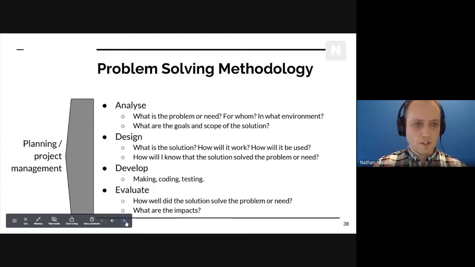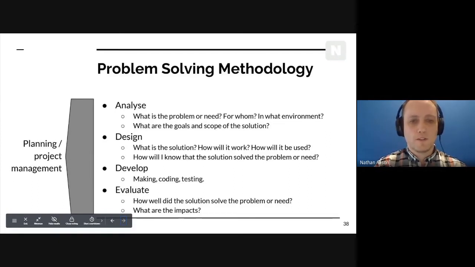You can see on the left there, overarching it all is the planning or project management aspect. But we see the 4 steps here. In the analyze step, our focus is on the problem or the opportunity or the need. So what is it? How do we understand it better? What are the goals and scope of the solution that we actually want to come up with? And who's the audience? What environment does it have to work in?